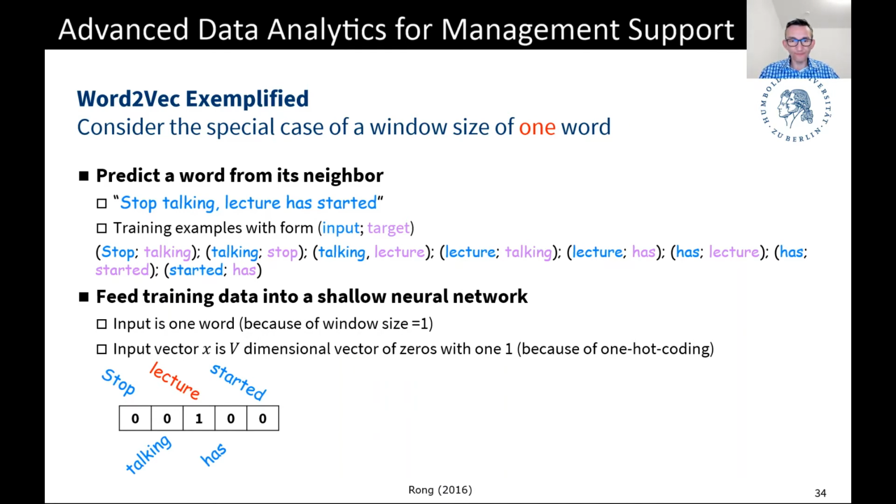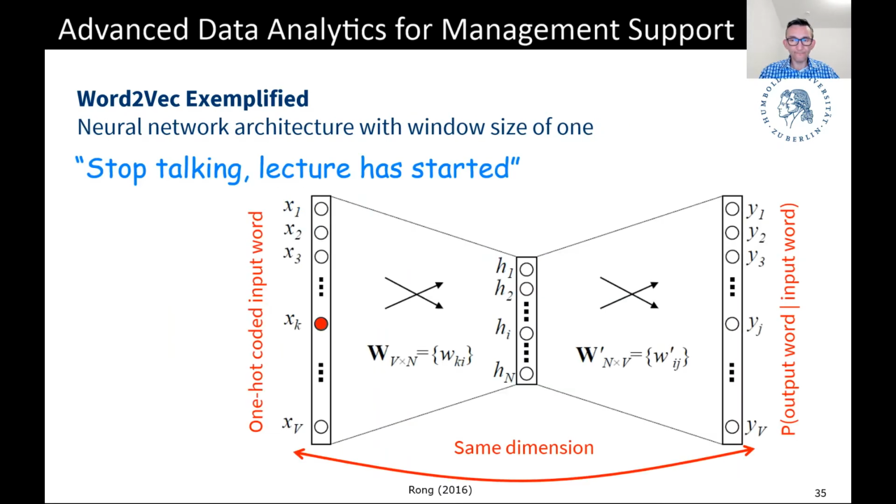Let's look at the picture. Stop talking, lecture has started. You have seen the tuples of context and target word. We have a neural network here where our input is a one-hot encoded context word with dimensionality V. V is the size of our vocabulary.